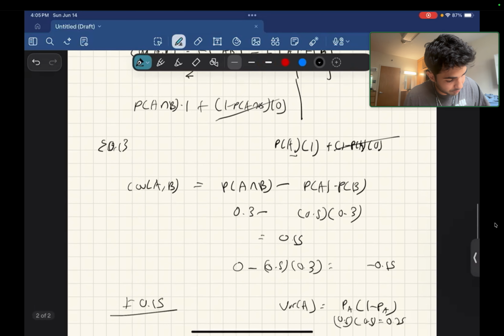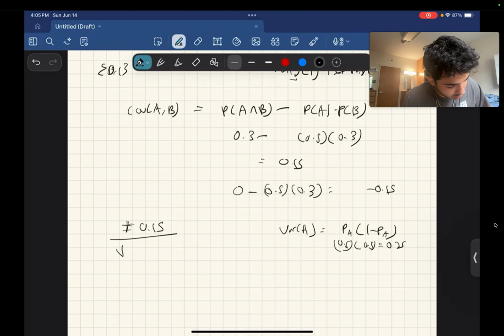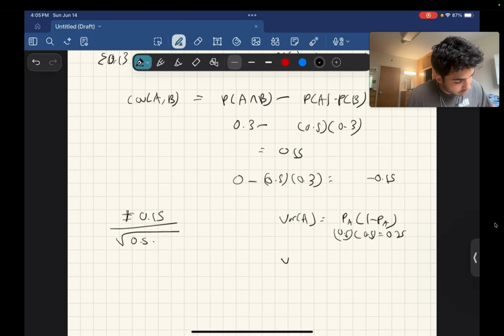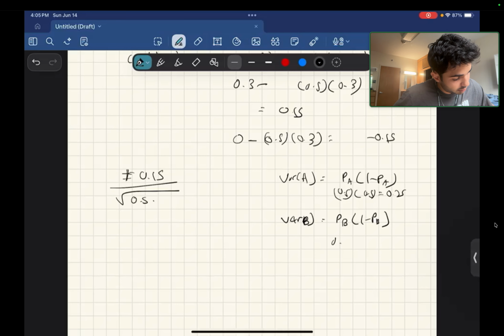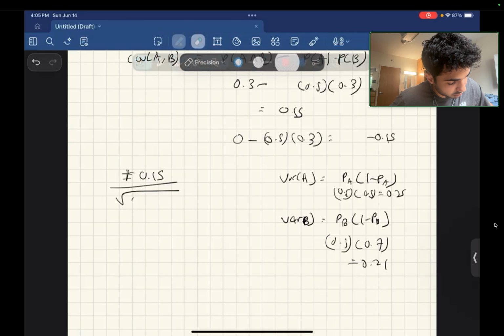Yeah, I did, okay. Square root of 0.25 times, now for the other case, variance of B, so other bond, we get probability of B times 1 minus probability of B. So we get 0.3 times 0.7, which is 0.21. So this is 0.25 times 0.21.